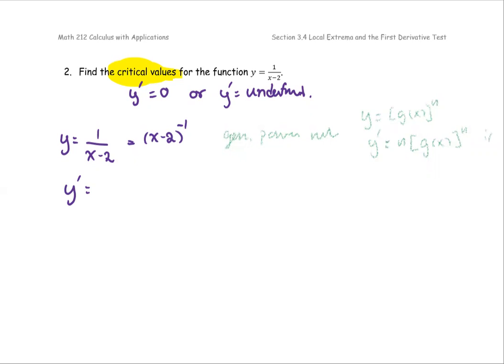So we're going to need the n, the g, and the g prime.